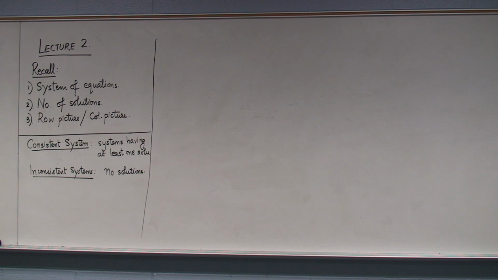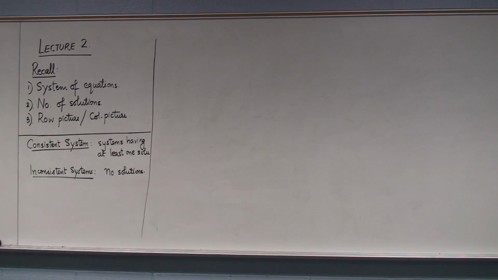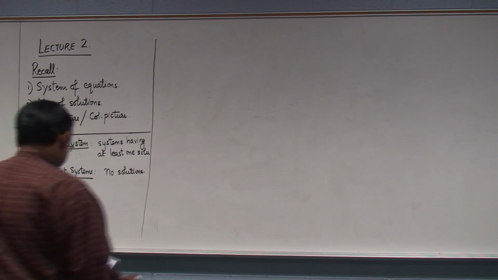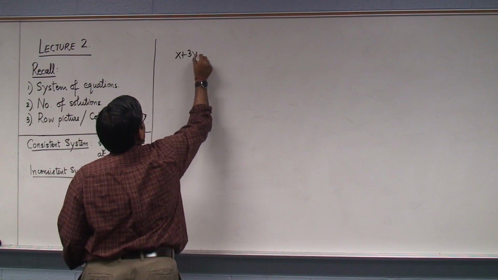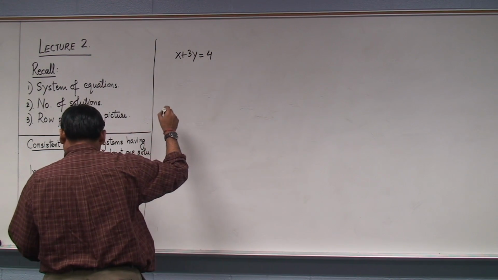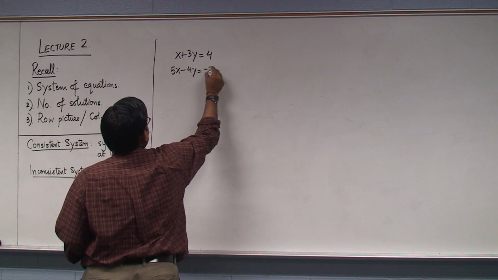Now, given the system of equations, we had talked about the augmented matrix. So let us see, if I take up an example of x plus 3y is equal to 4 and 5x minus 4y is equal to minus 7.